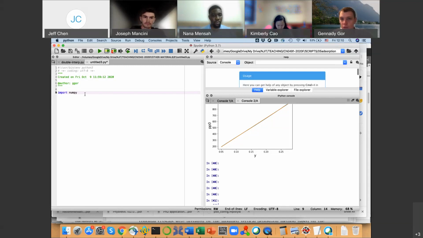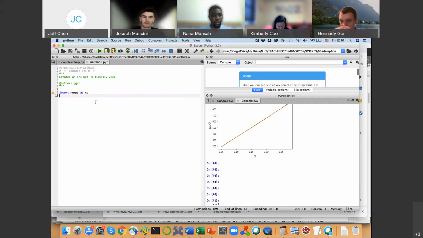Let's create a new script, and I'll start with importing NumPy, typically, importing NumPy as np. All right. And before plotting the data which we're going to need further, I wanted to show how we can plot some other simple data.